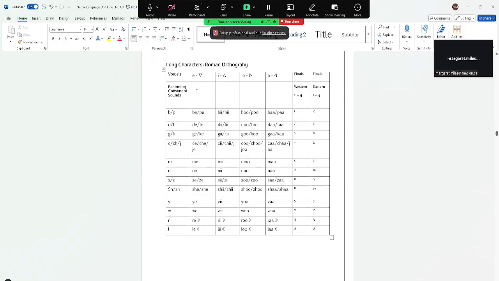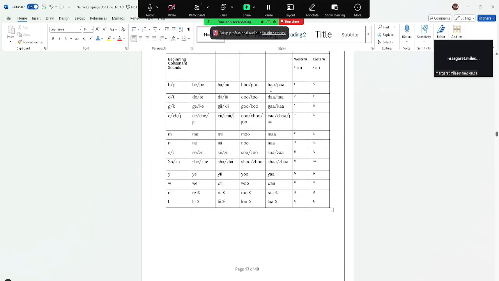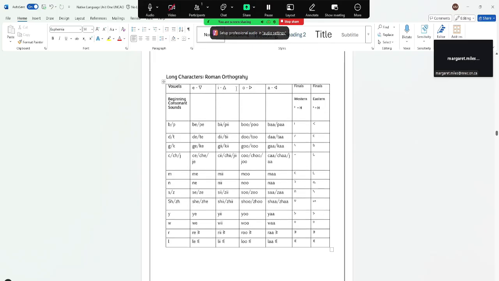So if you look on the vowels on the top, written in Roman. So here if you look at the beginning consonant sounds for B and P sound, you could see the double I, B-I-I, P-I-I.